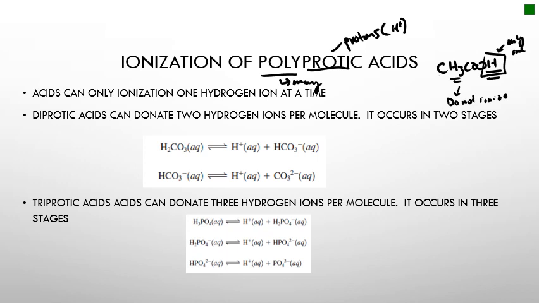So if I have a diprotic acid, that is going to be a substance that can donate 2 hydrogen ions per molecule, but it's going to occur in 2 separate steps. So our first ionization would be for carbonic acid, as an example, H2CO3. We could take this, reacting it with water, just to make it that Bronsted-Lowry definition, forming H3O plus and the HCO3 minus.